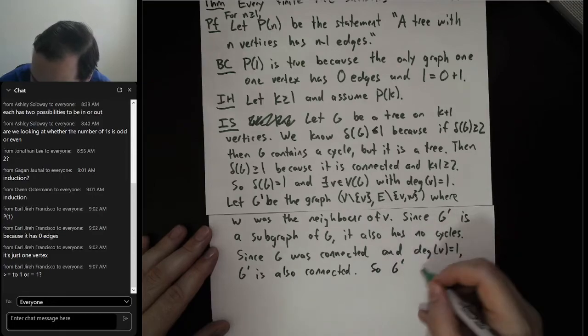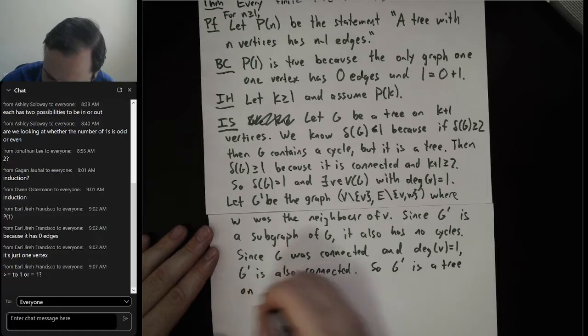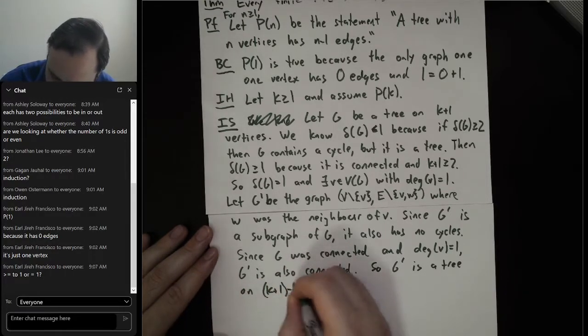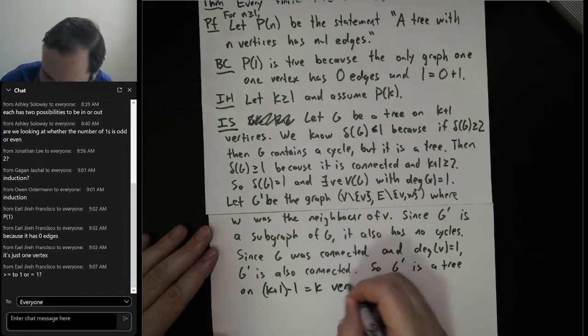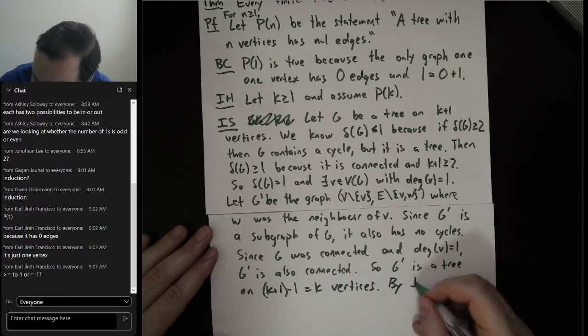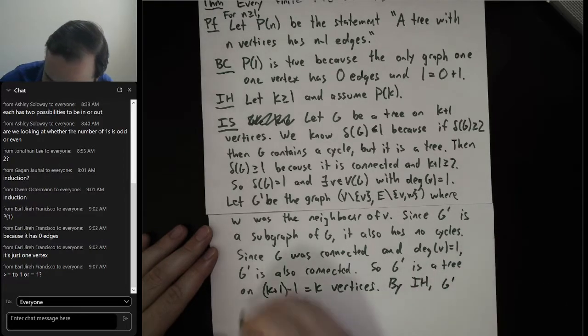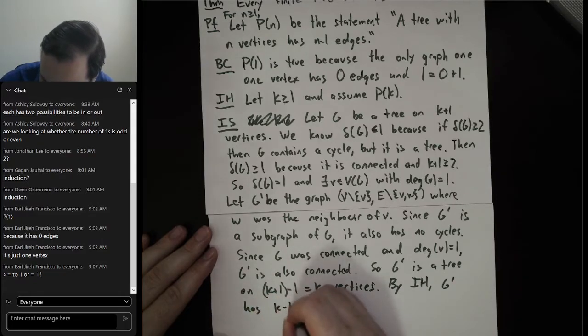So G prime is a tree on k plus 1 minus 1 equals k vertices. By my induction hypothesis, G prime has k minus 1 edges.